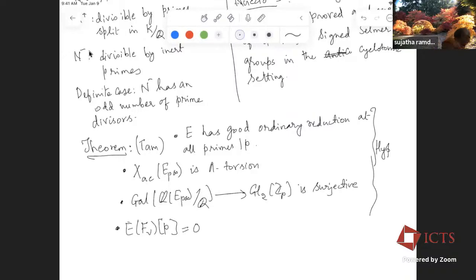E(F_v)[p] is 0 for every prime v which is bad and inert in K. And such primes are infinitely split in the anticyclotomic extension.